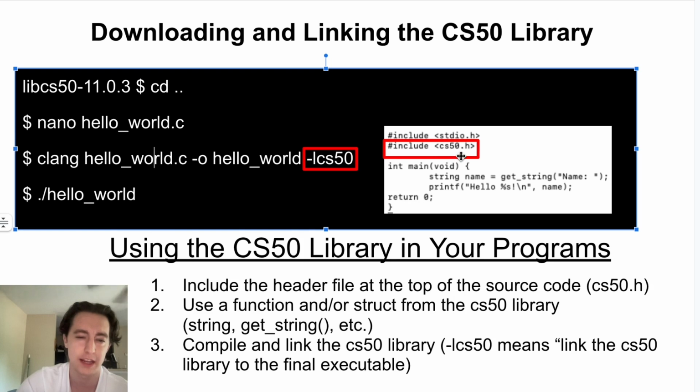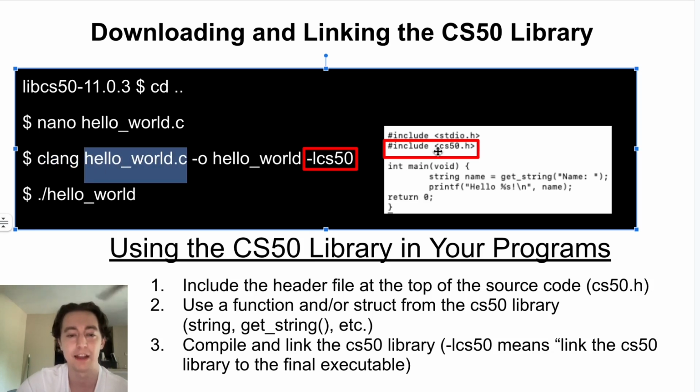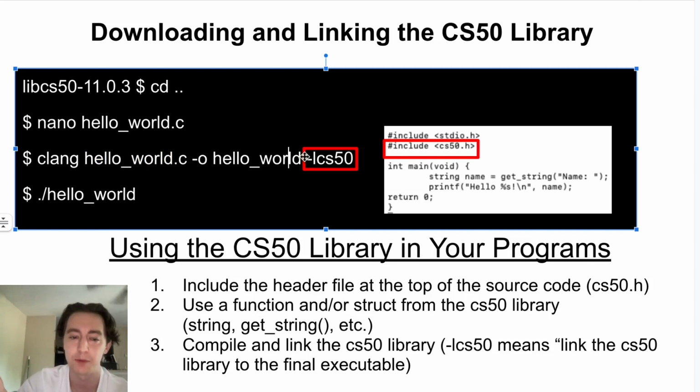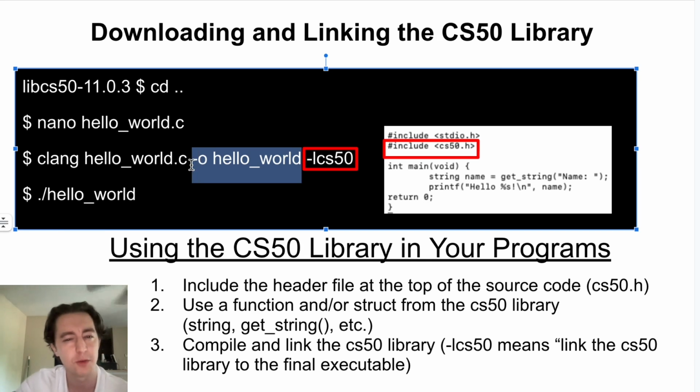Essentially, if we want to go through the whole command, Clang is your compiler program. Then we have our source file, which is hello world.c, right here. The -o means we're giving the output option for what our executable is going to be named. It's just going to be hello world.